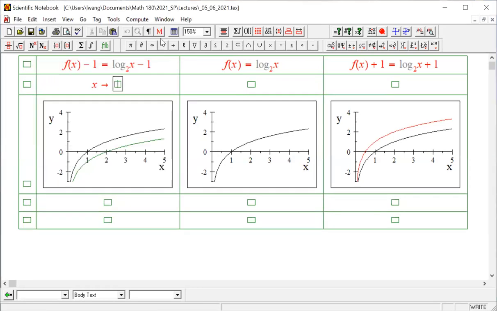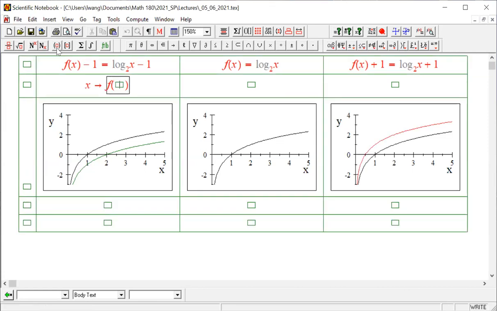This is the function, and the function, of course, is log base 2 of x. Then we produce an output. And from this output we subtract 1, and that's how it works. And the other one is the output +1. You see the difference.